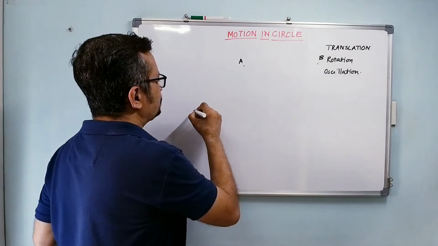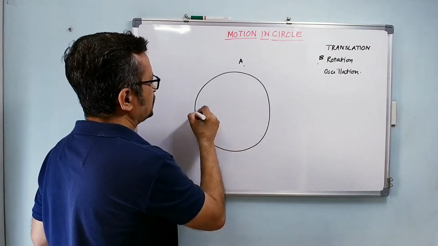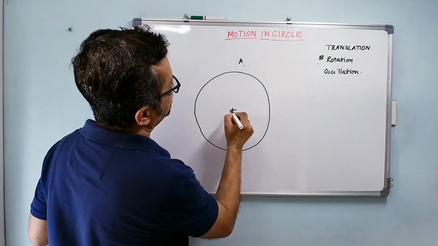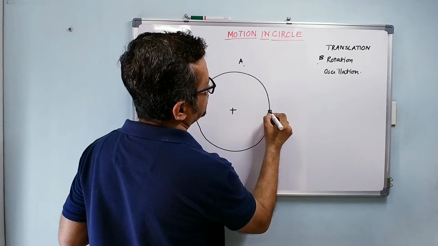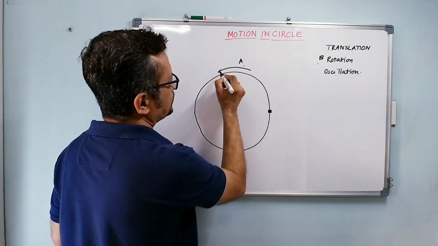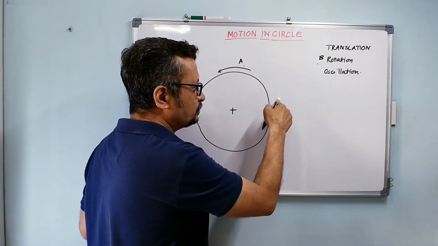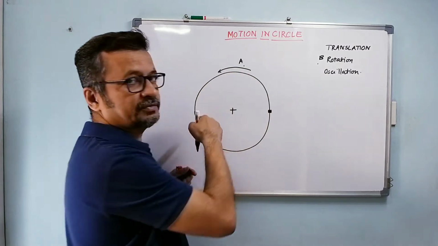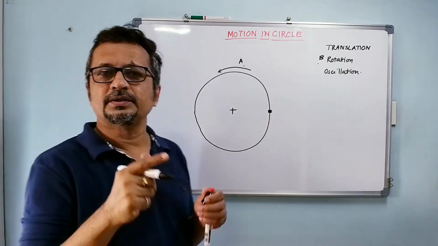But then, if you consider this is, let us say, center of the fan, and tip of blade is this. It is moving like this. Correct? The tip of blade is moving along the circumference of that circle, and that motion is called circular motion.